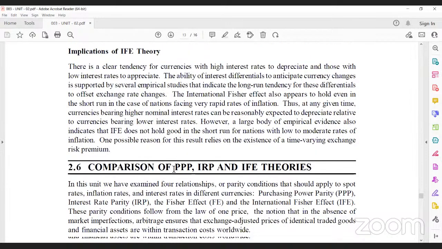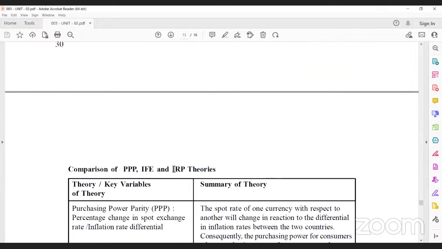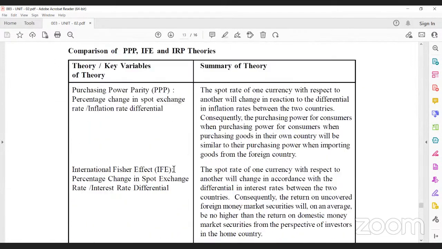Okay, so now let's try to understand the comparison of three theories: PPP, purchasing power parity, IFE, and IRP. Purchasing power parity is related to the spot exchange rate and inflation rate differences.